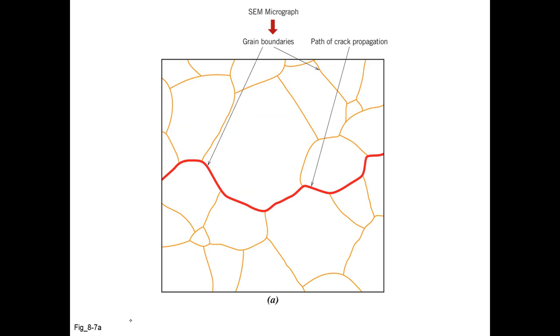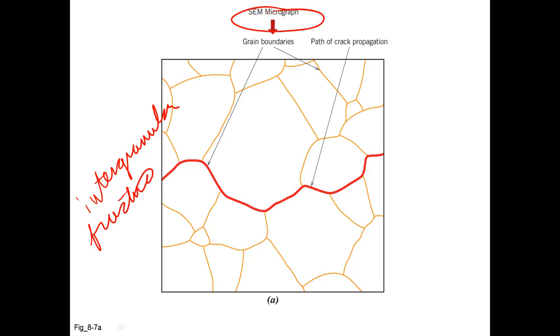The second type is intergranular fracture. So once again, we're looking at a hypothetical scanning electron microscope image. The grains are identified in light brown.